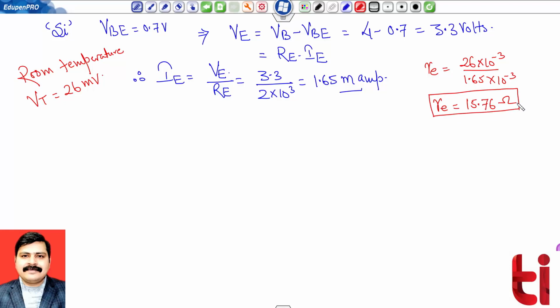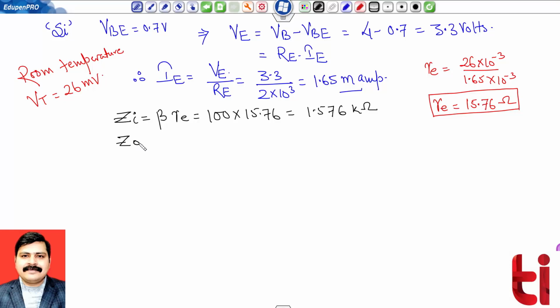And if you can recall the terms, because now we require certain parameters for small signal analysis. My Zi was beta times re, so it will be 100 multiplied by 15.76, or it is 1.576 kilo ohm.